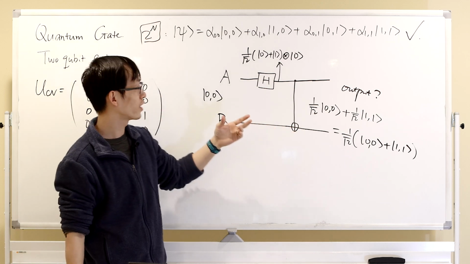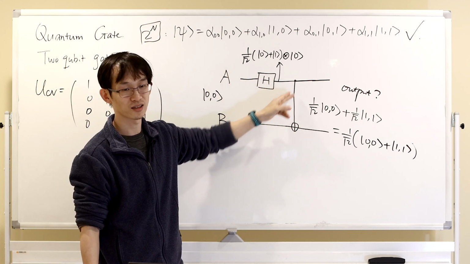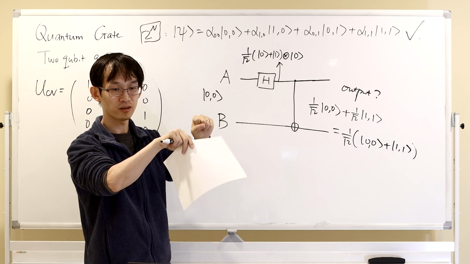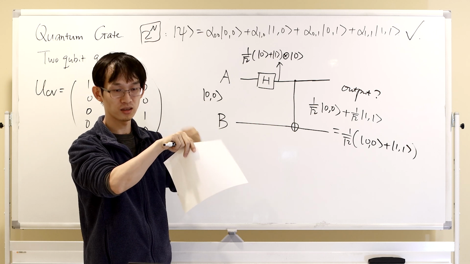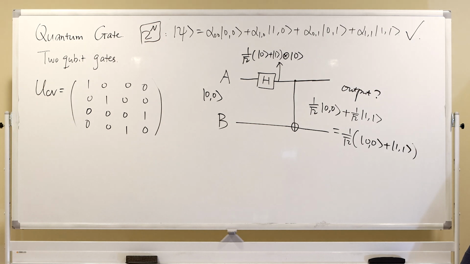It will be very clear now to see that the control NOT gate is working as qubit A and qubit B interacting with each other. Any questions?